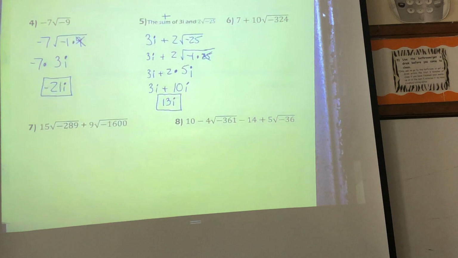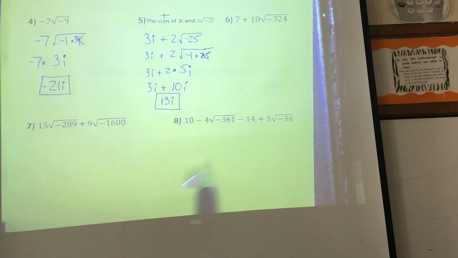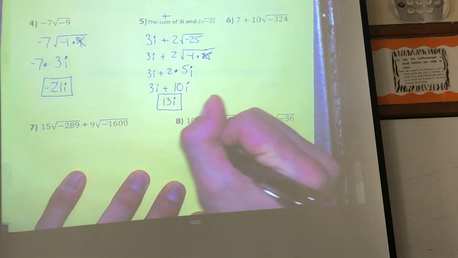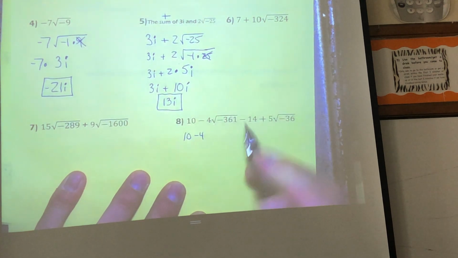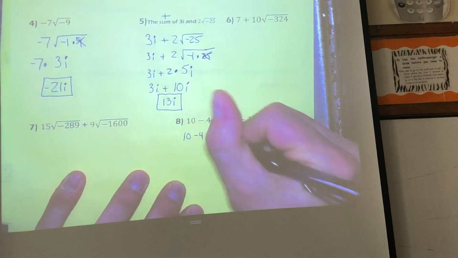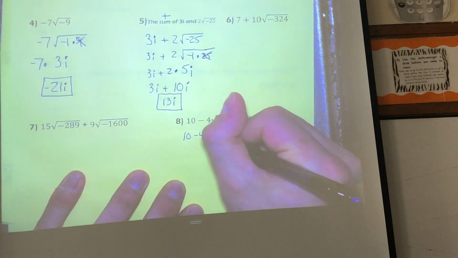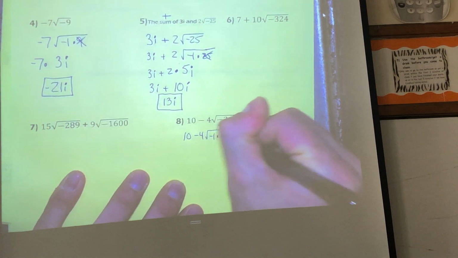All right, now continuing. Number 8 is the next one that we're going to do. It's very similar to number 6, except just 2 parts. So I'm going to start to simplify, working with this first. So I have 10 minus 4. Now for this one, I'm going to rewrite, plug that in my calculator, we'll get an error. -1 times 361.